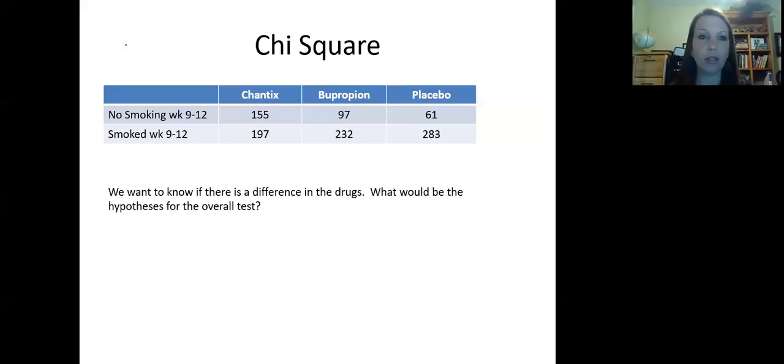So really what this looks like is we're comparing P1, P2, and P3. That's a 3. P1 could be the proportion of Chantix users that stop smoking. P2 would be the proportion of bupropion users that stop smoking.